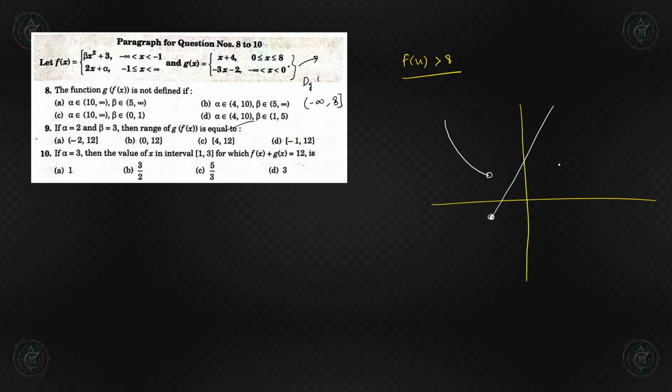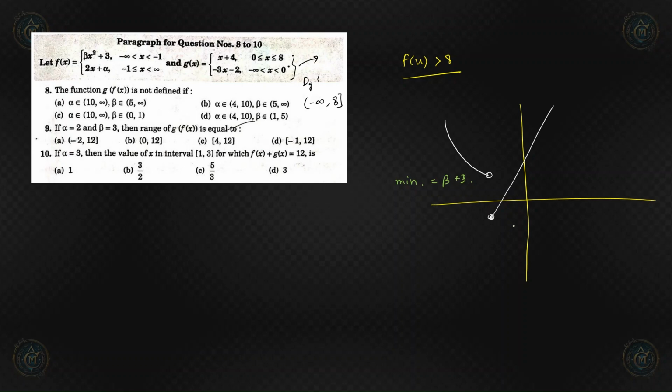So that means we have to have this f(x) outside the domain of g(x). That means we can say what will be the minimum value of f(x) in this case, or on both sides of x equal to minus 1. On the left side we have the minimum value at x tending to minus 1, right? So this becomes β + 3, right?